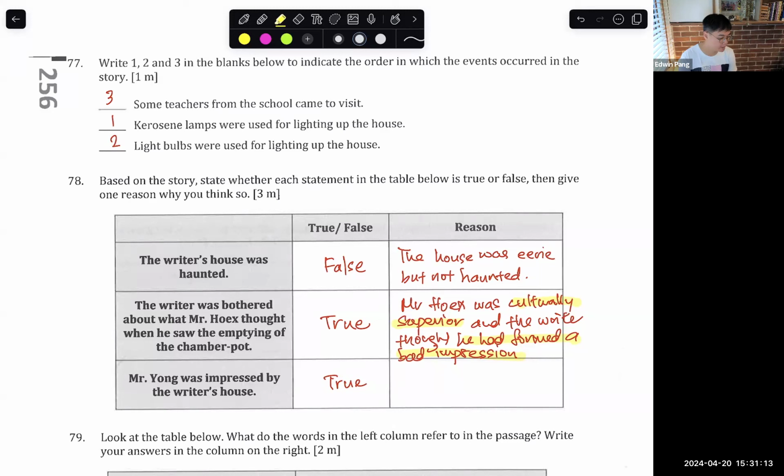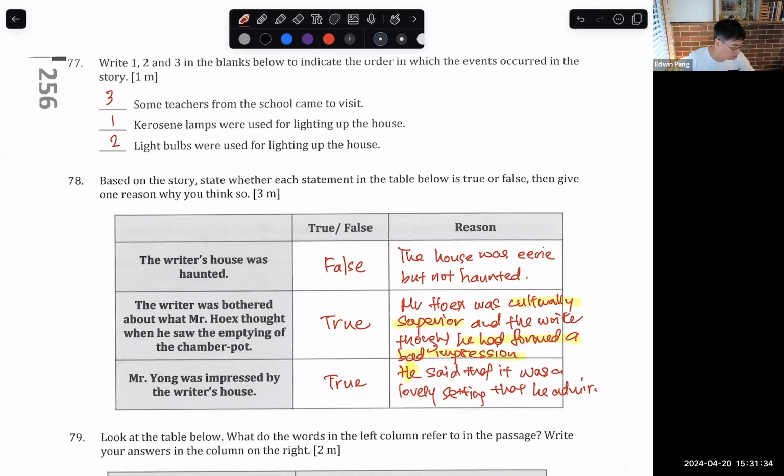Okay, so Mr. Yong was impressed by the writer's house. Yes, right. He said that it was a lovely setting that he admired. Okay, you can say he stopped to admire on the road, right?